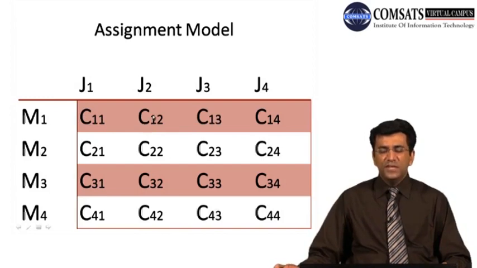So C12 is the cost borne by assigning job J2 to machine M1. Similarly, C44 is the cost of assigning job J4 to machine M4. So this is the table which we will use to find the optimal assignment, so that we can assign each of the jobs to any of these persons.